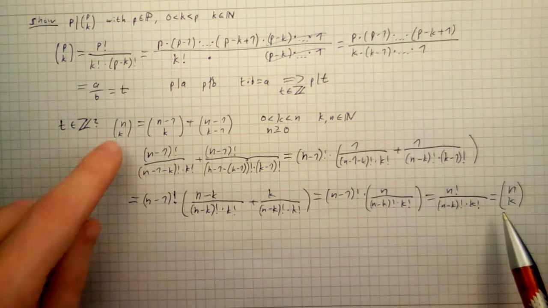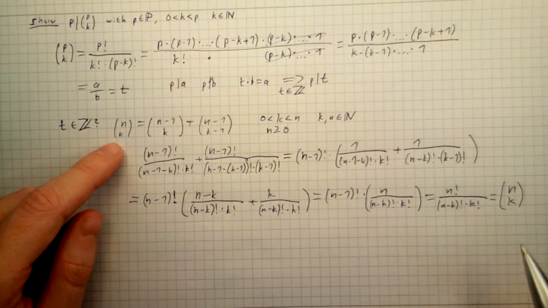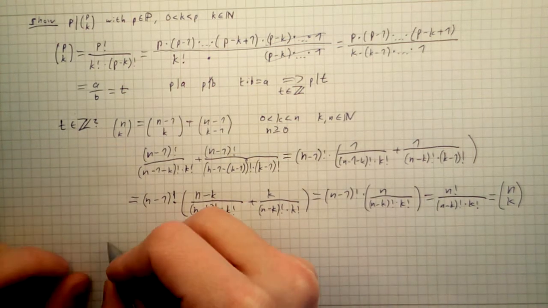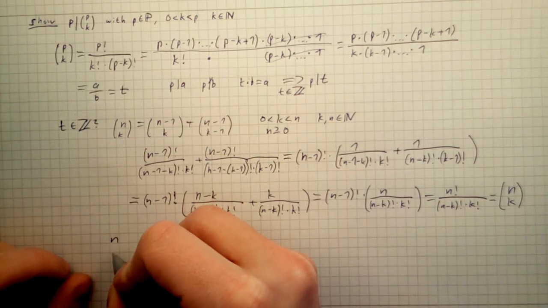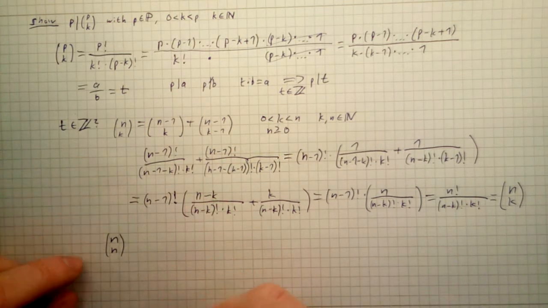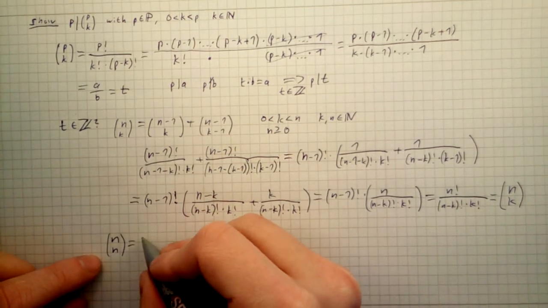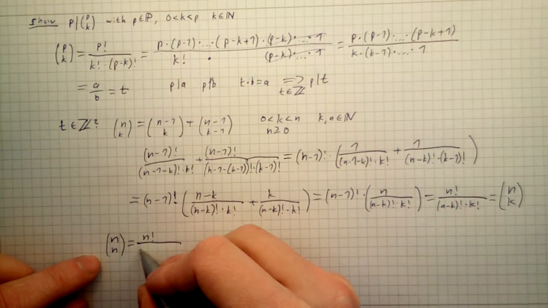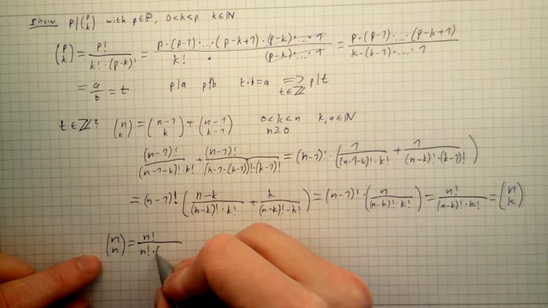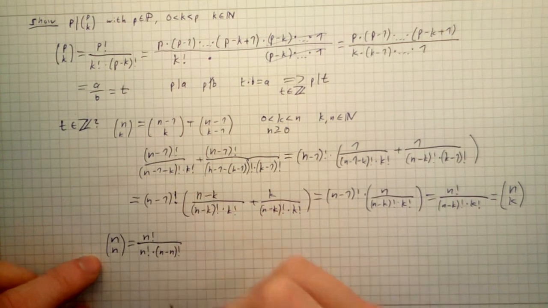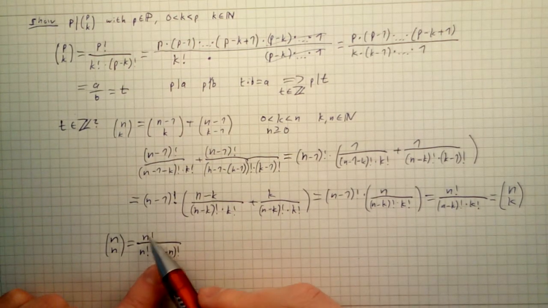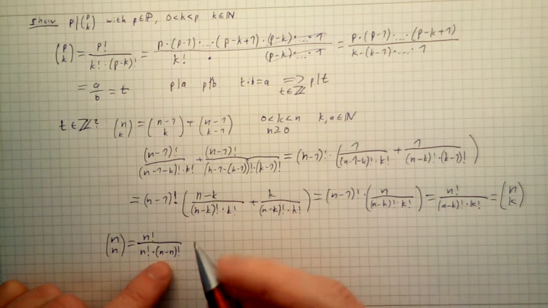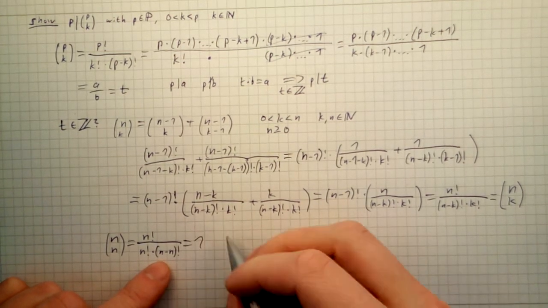So we have proven that this rule holds, and for the special cases that we have n choose n, so n and k are the same, we have n factorial divided by n factorial times n minus n factorial. So those two cancel each other out, and this is the factorial of 0, so 1. So we get a 1.